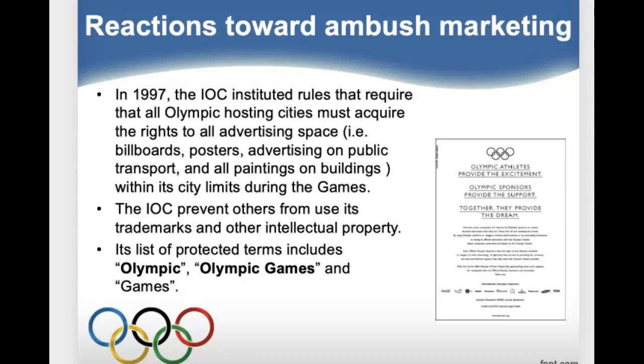So if a city is hosting the games, like Tokyo hosting the Olympic Games in 2021, Tokyo needs to have all these rights for their main advertising spaces. Make sure all these main advertising spaces are being utilized by the Olympic sponsors, not non-Olympic sponsors who try to ambush them, right? So this is one example of a strategy the IOC has used.